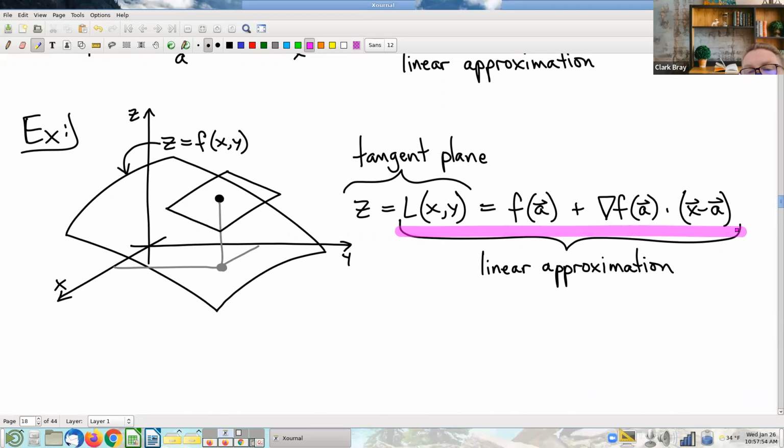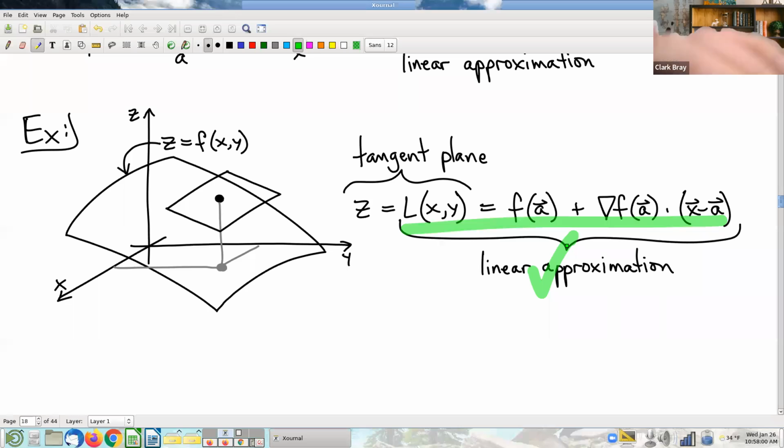We know the linear approximation. We can talk about the graph of that linear approximation. Well, gosh, that graph is, let's see here, Z is the output variable. We have two variables, X and Y, as the input.